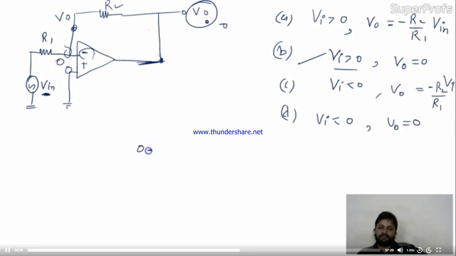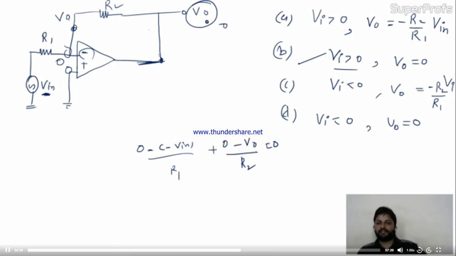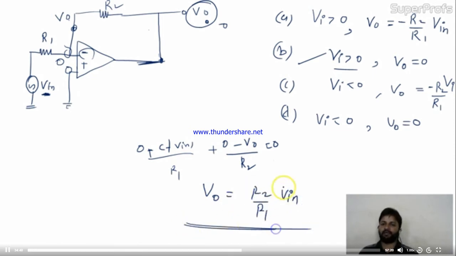So 0 minus the input, minus V in by R1, plus 0 minus V0 divided by R2 equal to 0. The minus becomes plus and V0 equals R2 by R1 of V in. Do we have this option? No, we don't have this option anywhere. So in this case, option B is correct.